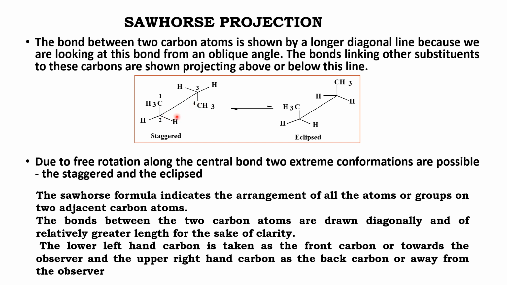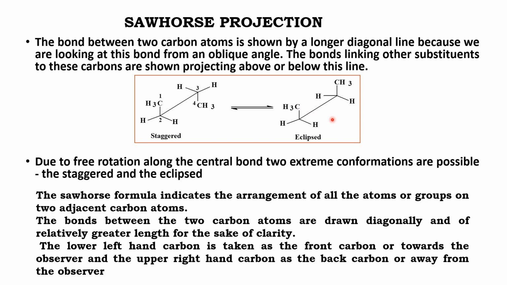And if we consider normal butane, this bond is represented between the second and the third carbon atom. If it is a staggered configuration, the bond of the first carbon atom with the CH3 group is placed between the bonds of the hydrogen atoms of the third carbon atom.